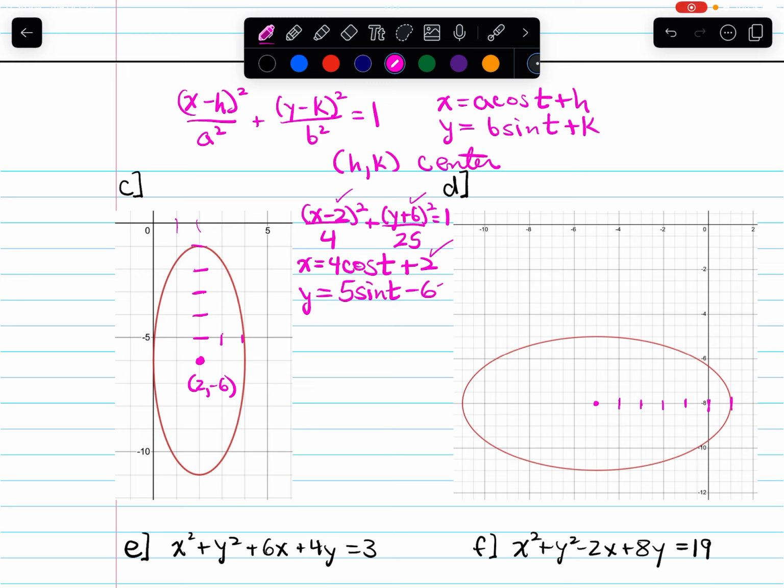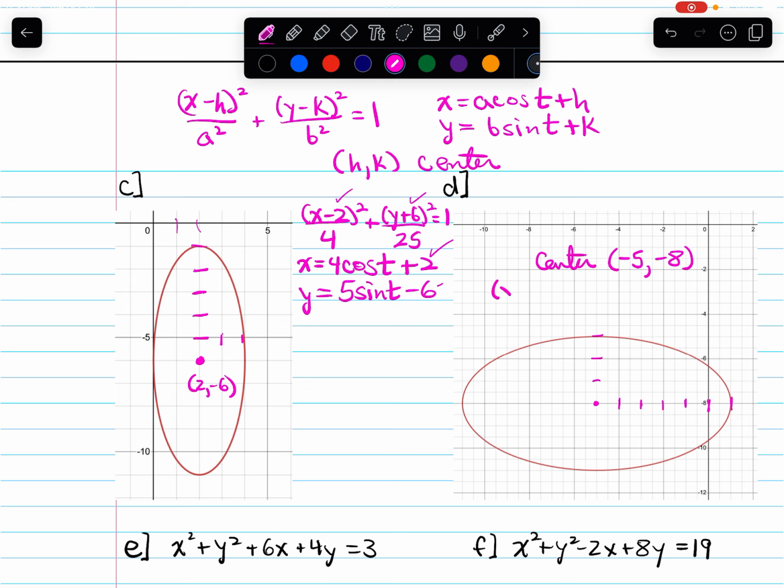Looks like I go 6 that way and 1, 2, 3 up this way. So the center is negative 5 and negative 8. Looks like that's what it is, right?